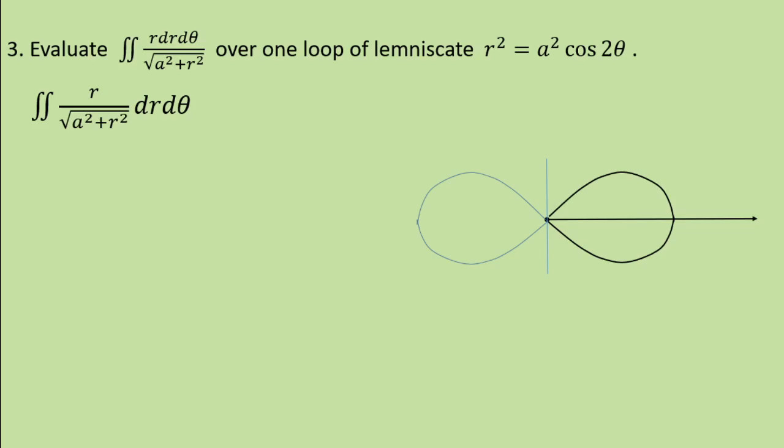Therefore, when you are going to integrate over one loop of the lemniscate, the angle varies from minus pi by 4 to pi by 4. For any angle theta, r varies from 0 to a point on this curve.